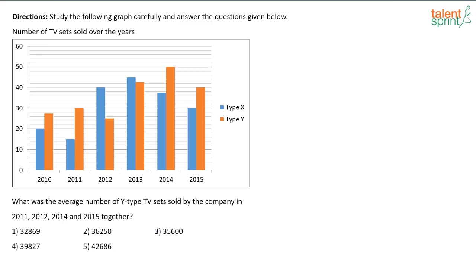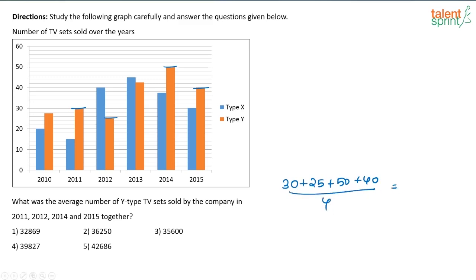Next one. What was the average number of Y-type TV sets sold by the company in 2011, 12, 14 and 15 together? So 2011, 12, 14, 15. 30 plus 25 plus 50 plus 40, correct? Divided, how many years are we considering? Divided by 4.